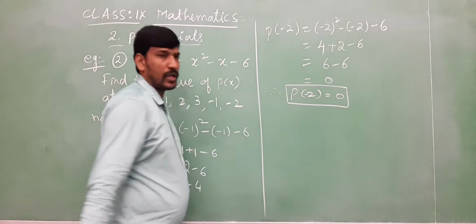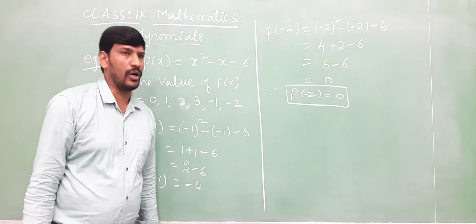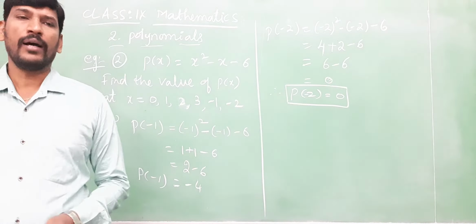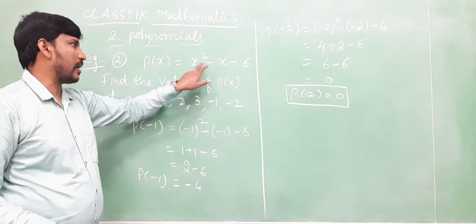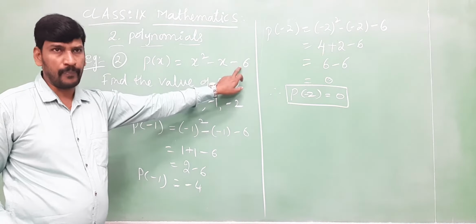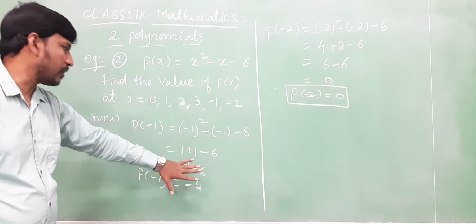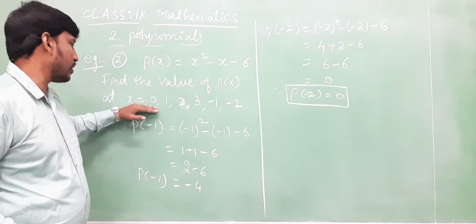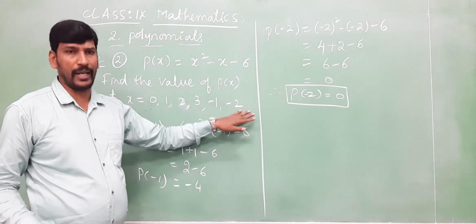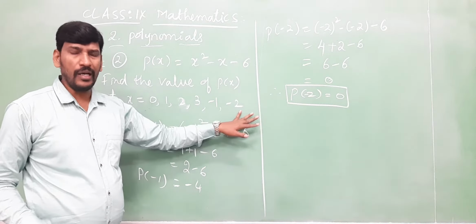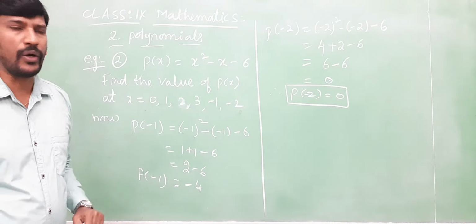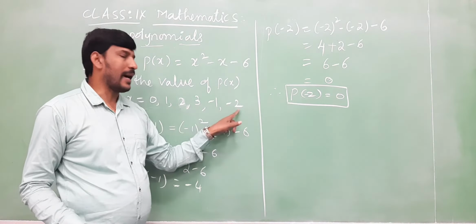So now tell me, children, from observing all the values of the polynomial p(x) equal to x squared minus x minus 6, we found different values for x equal to 0, 1, 2, 3, minus 1, minus 2. This is clear. So at which values did we get 0? At 3 and minus 2.